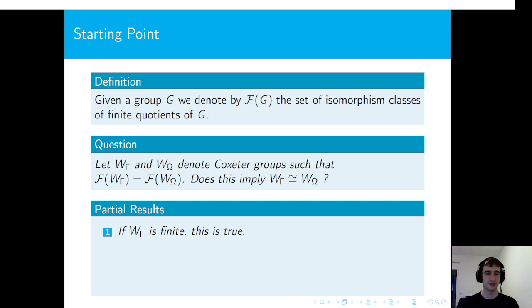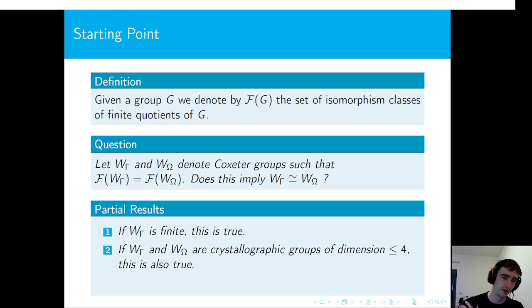Partial results in that direction that we know of are, of course, that if W_Gamma is finite, this is true. What's more, if W_Gamma and W_Omega are crystallographic groups of dimension less than or equal to 4, this is also true. In that case, you don't need W_Gamma and W_Omega to be Coxeter groups; if you just have two crystallographic groups with that dimension condition, this implies they are isomorphic.